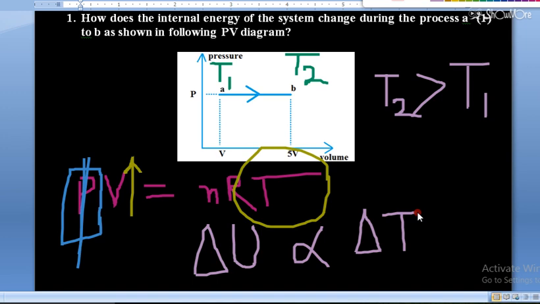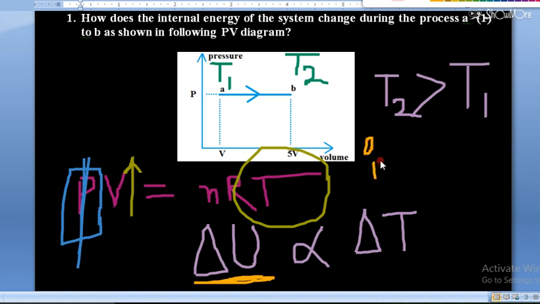When the final temperature is greater than the initial temperature, that means the internal energy of the system is increased. So this question concludes that delta U, the internal energy of the system during the process A to B, is increased during this process.